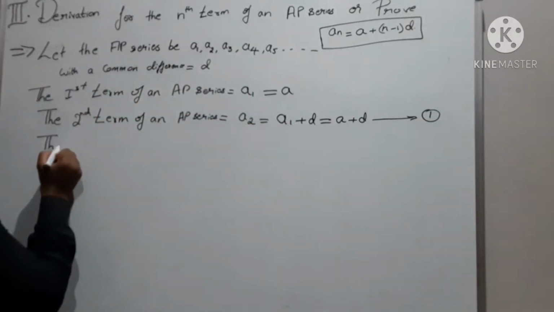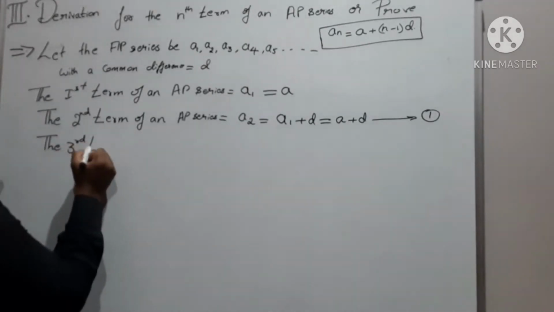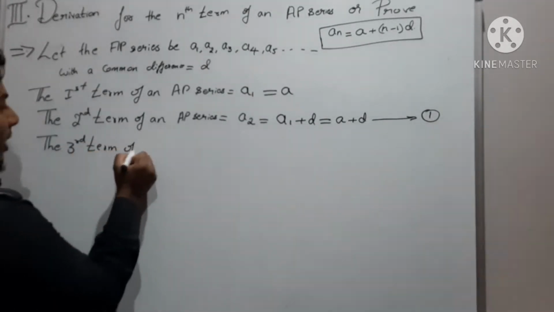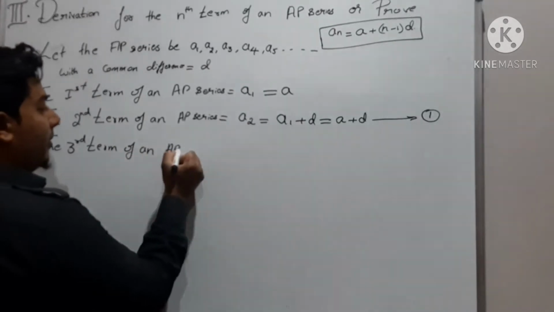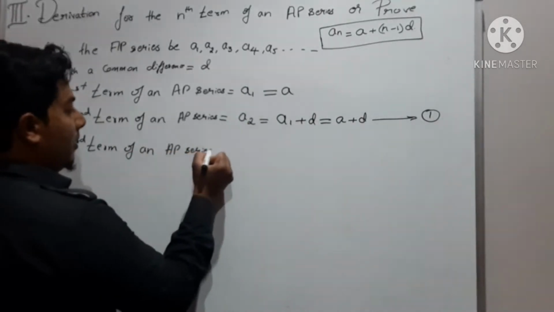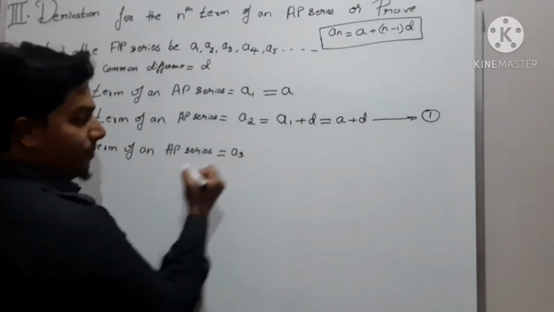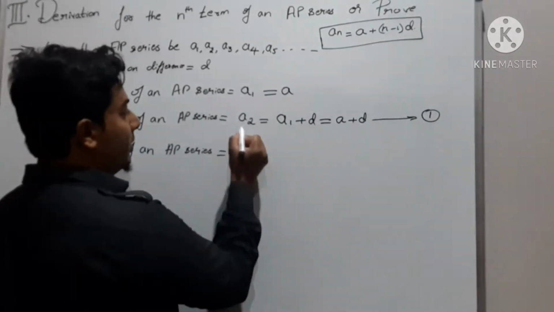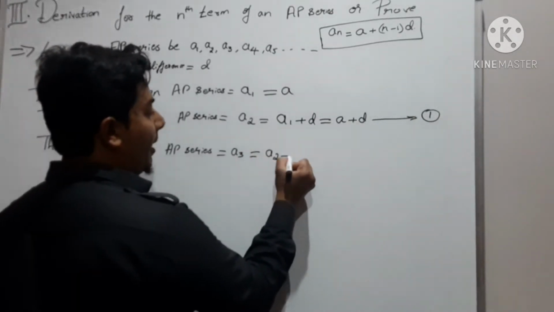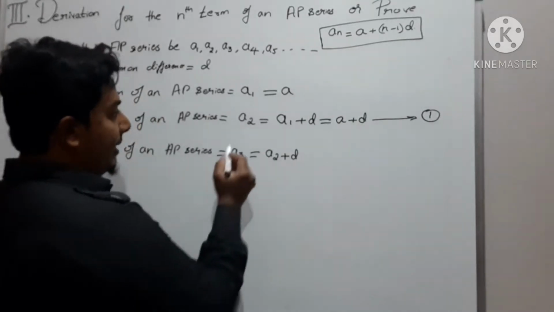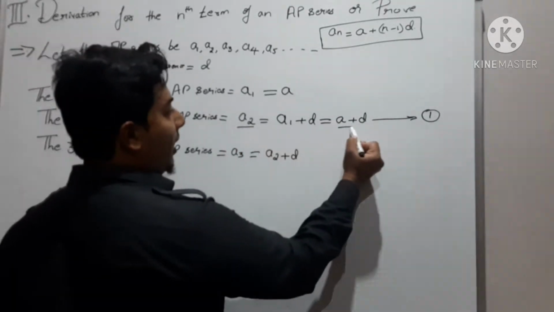The third term of an AP series is given as a3, which is equal to the second term a2 plus d. The second term a2 is equal to a plus d.